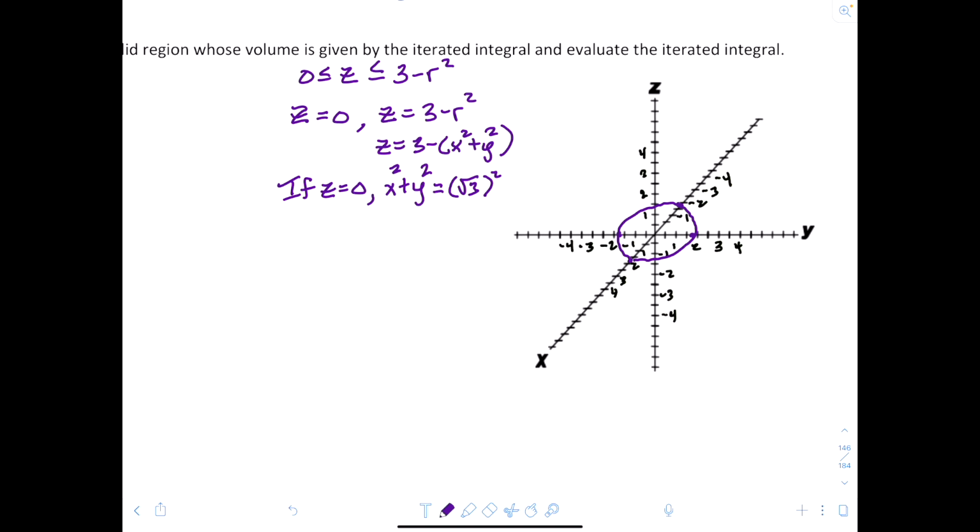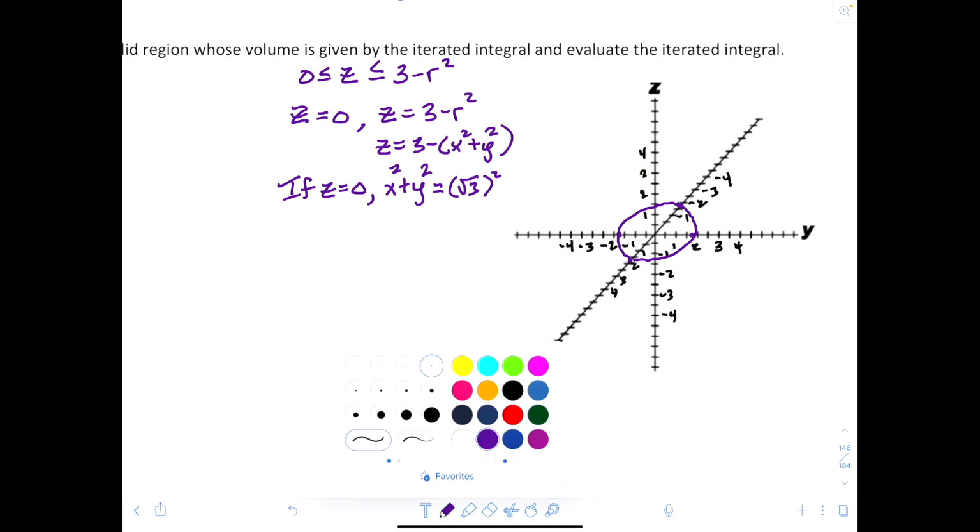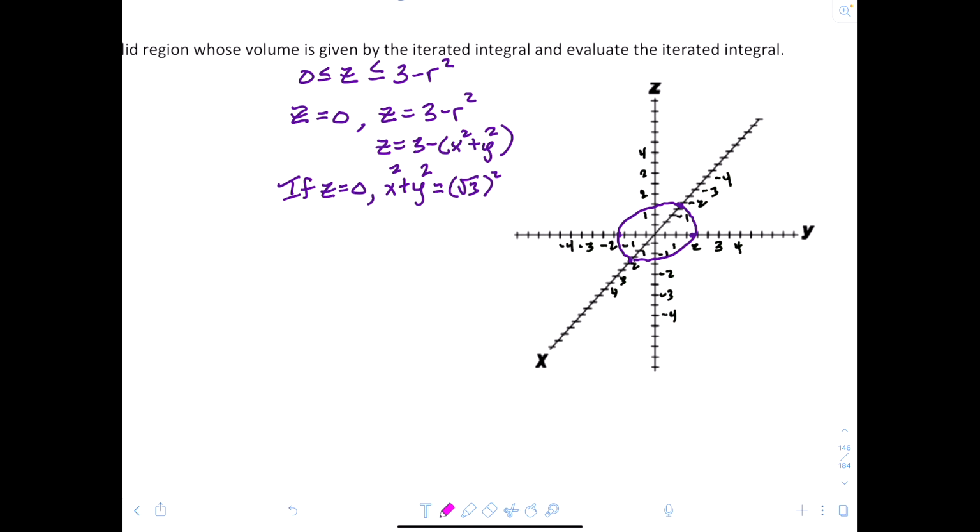And then we've got, working with z is 3 minus r squared, right? We need to get our heights, right? So let's do a related color here.